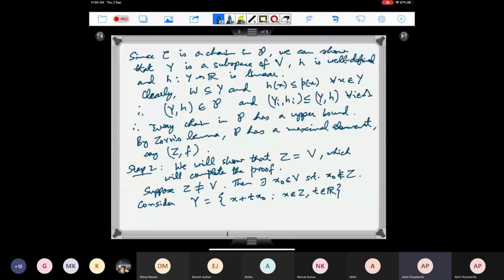Then Z is actually a subspace of codimension 1 in Y, so we are increasing the dimension by 1, though Z can also be infinite dimensional. So Y quotient Z is one dimensional. This is what it means for Z to be a subspace of codimension 1 in Y.